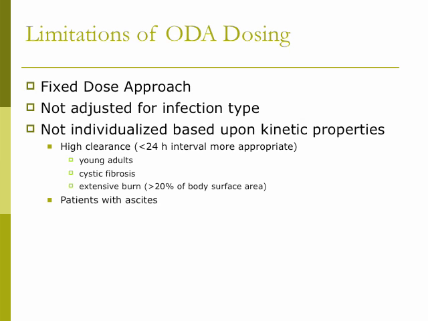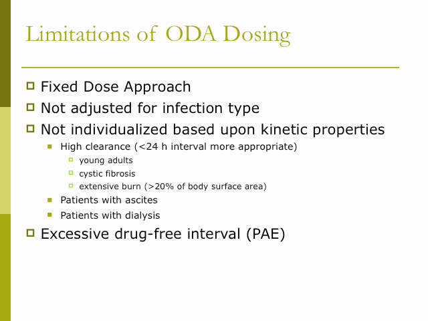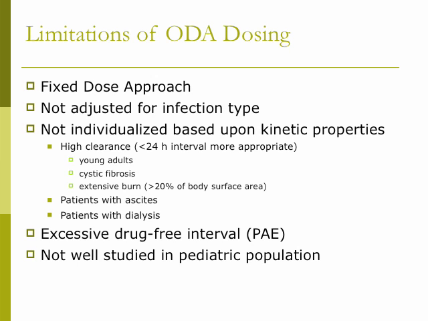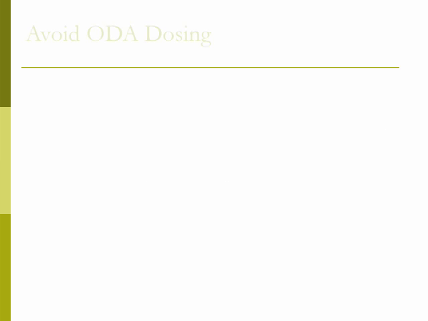Other populations that have not been well studied include patients with ascites and patients on dialysis. And I touched on the excessive drug-free interval. No one really knows if you go above a certain time whether it's detrimental for the patients. And the pediatric population hasn't been well studied, and also pregnancy.